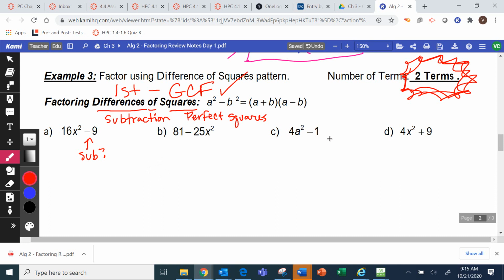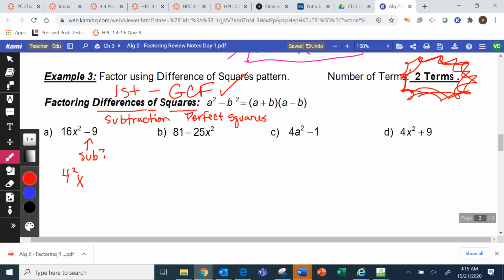Can I rewrite 16 as something squared? 16 is what squared? 4 squared. X squared is already written squared, minus 9 is what squared? 3 squared. So I can rewrite it.